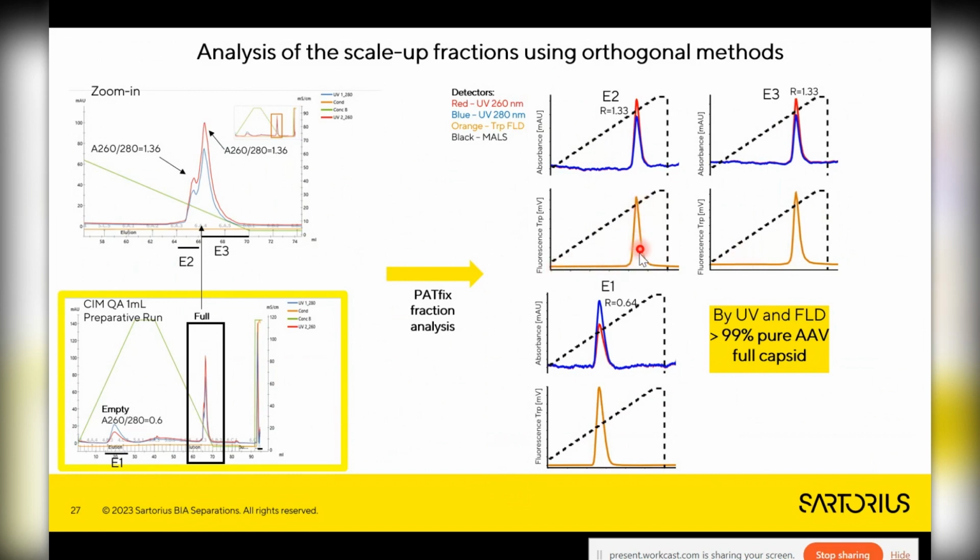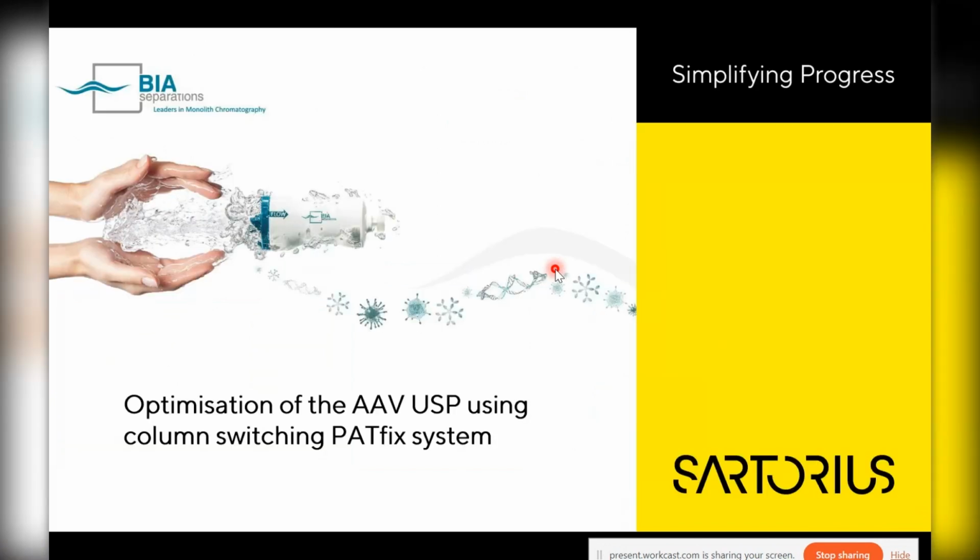The fluorescent detection is really 99% clean, no partials, no empties. So with this, we can really enrich the full to be more than 99%. More important, we get rid of partials almost entirely, and we get rid of heavy capsids almost entirely.